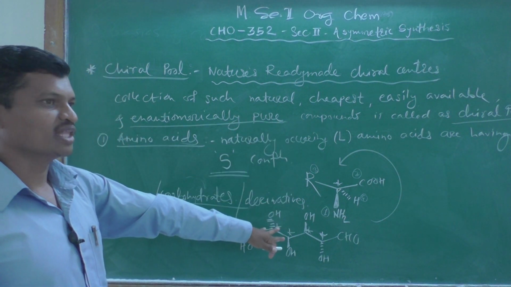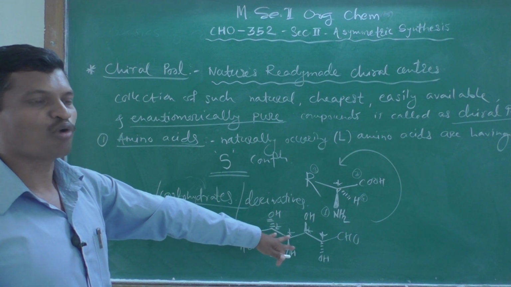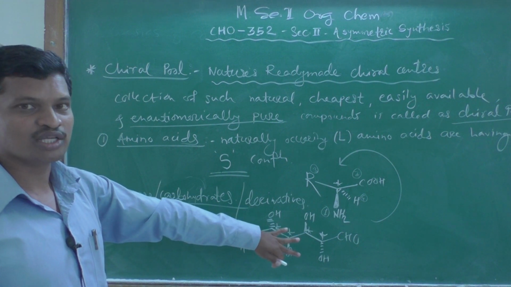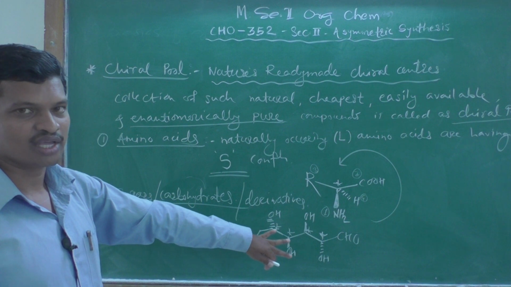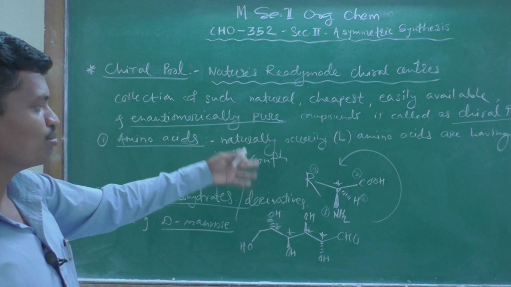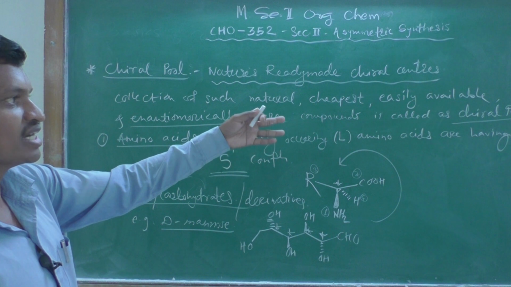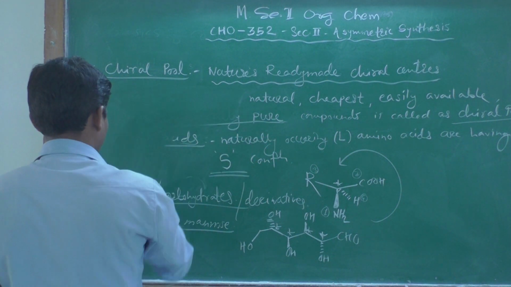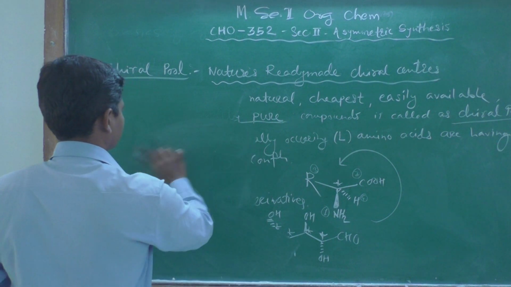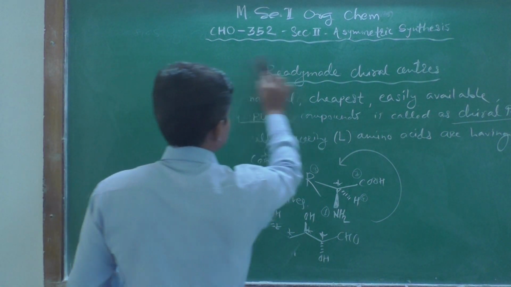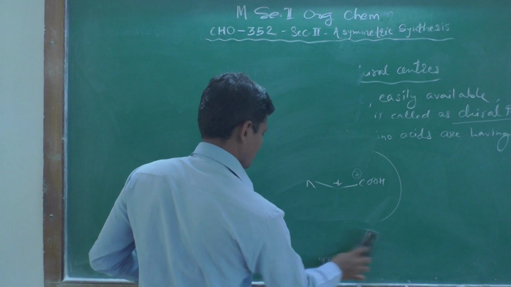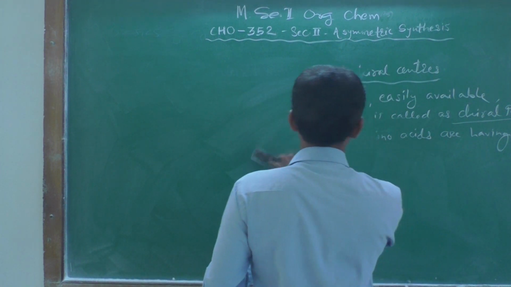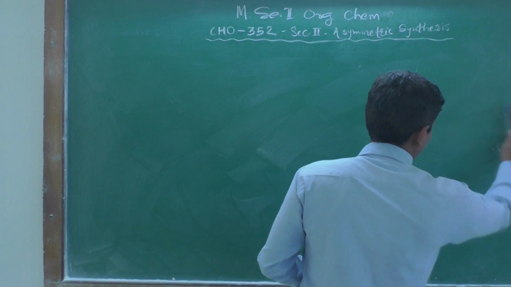There is not even 0.1% of the other enantiomer present in these molecules. That's why such compounds are treated as chiral pool. Now we can see some examples, and then your concept will be very clear.